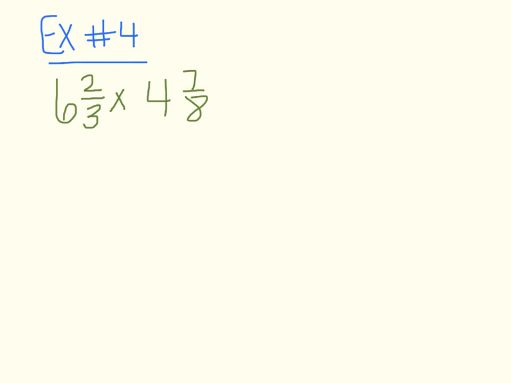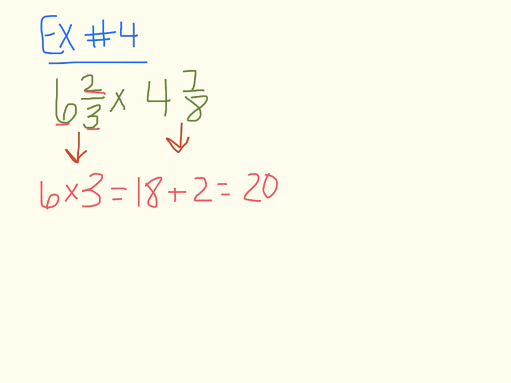Alright, last example. We're going to have to change both of these to improper fractions before we can multiply. So the first one, we do 6 times 3 is 18, plus our numerator, which is 2, gives me 20. And denominator stays the same. So this changes to 20/3.